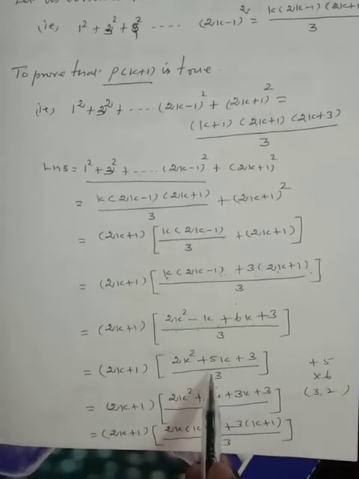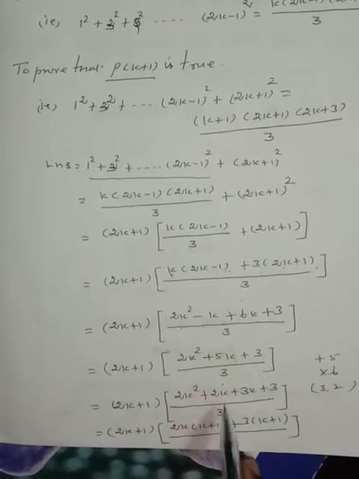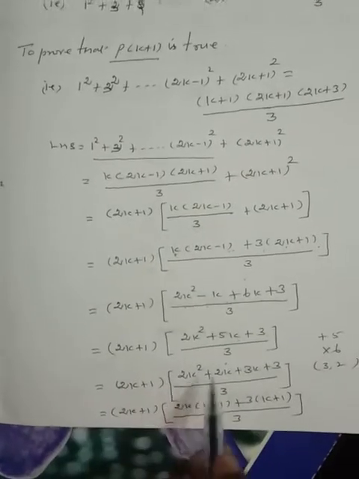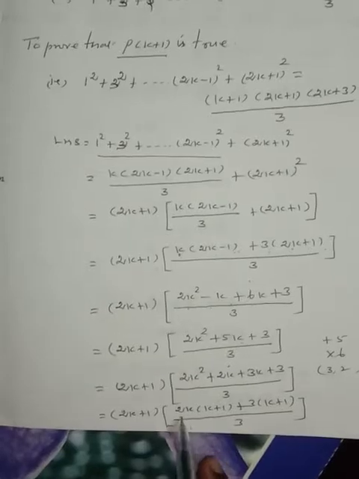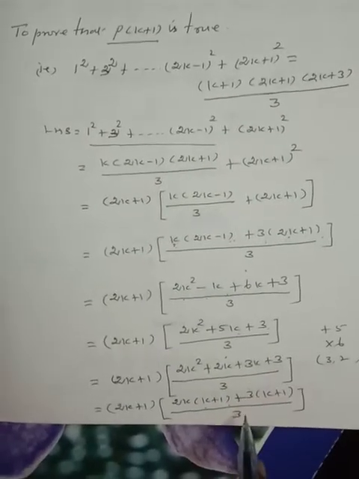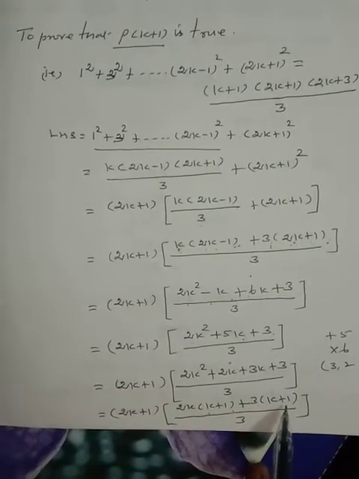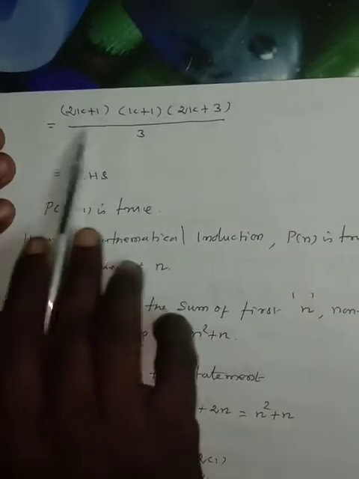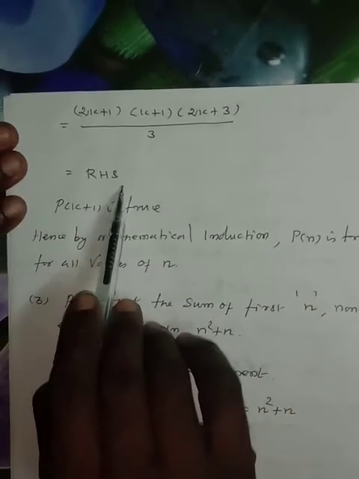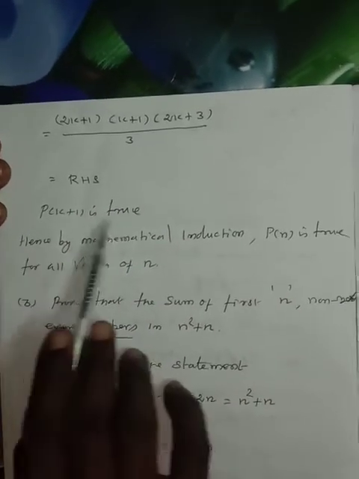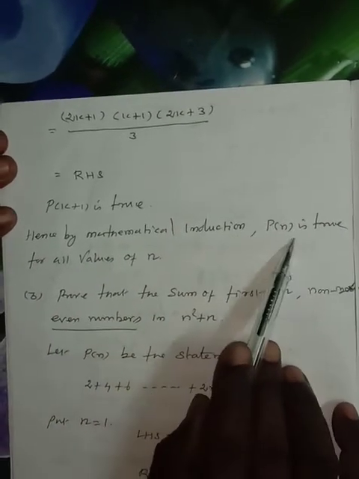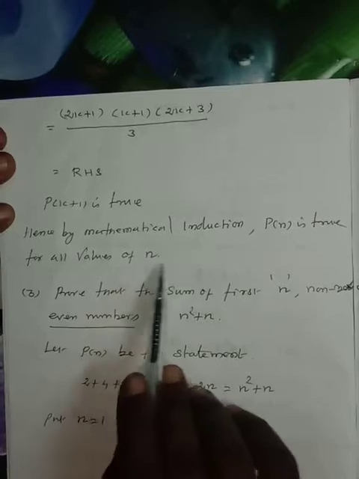Now this 5k can be split into 2k plus 3k. Then take the first two terms, common 2k, remaining k plus 1, plus the next two terms, common 3 into k plus 1, giving 2k plus 3 into k plus 1, so k plus 1, 2k plus 1, 2k plus 3 whole divided by 3. This is RHS. So P of k plus 1 is true. Hence by mathematical induction P of n is true for all values of n.